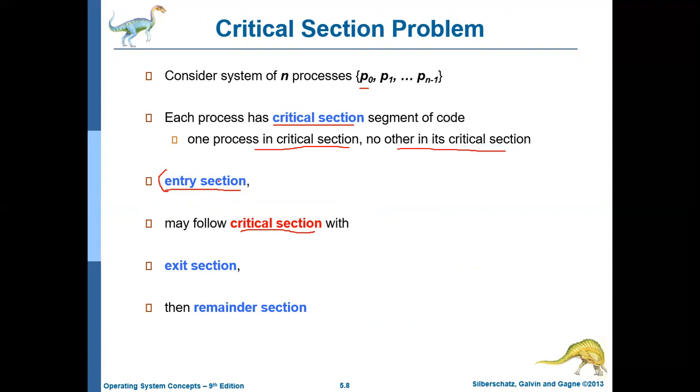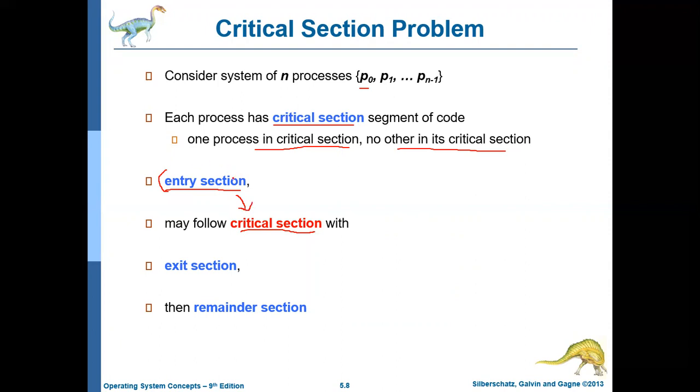If some other process is in the critical section, then this process will not enter; it will keep waiting until that process comes out of the critical section. If no other process is in the critical section, then it will enter. This checking is done in the entry section.